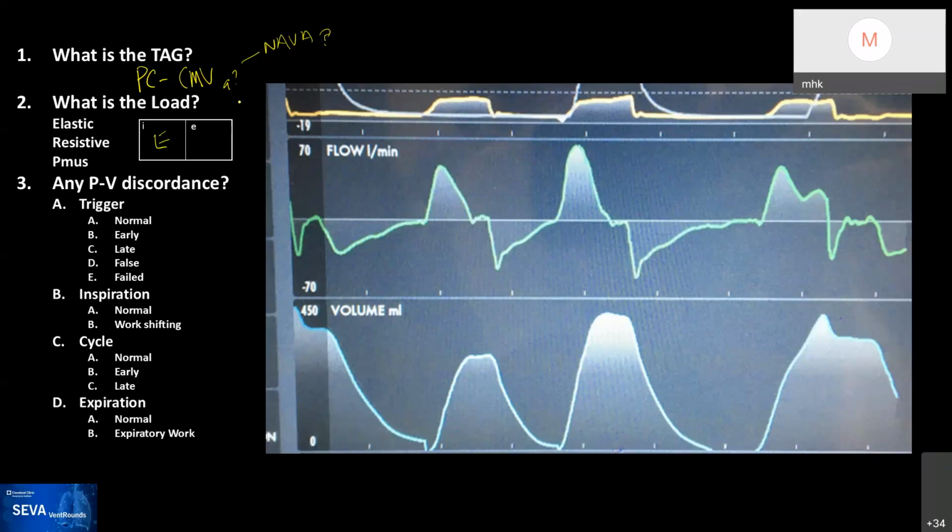I'm trying to decide if I want to commit to PMOS or not. I think elastic for now while I think about it. PV discordance.